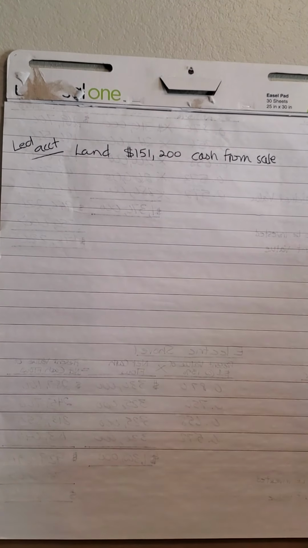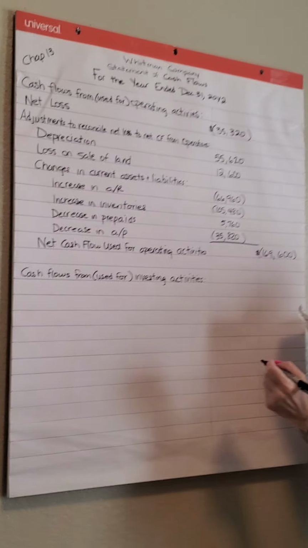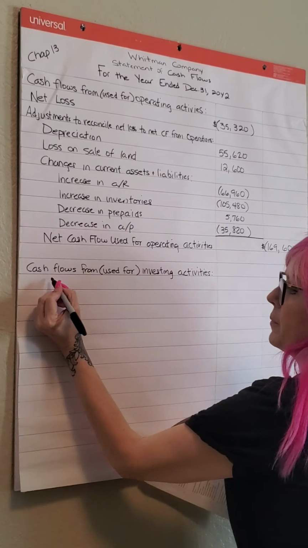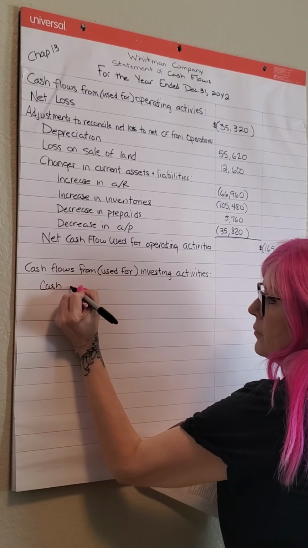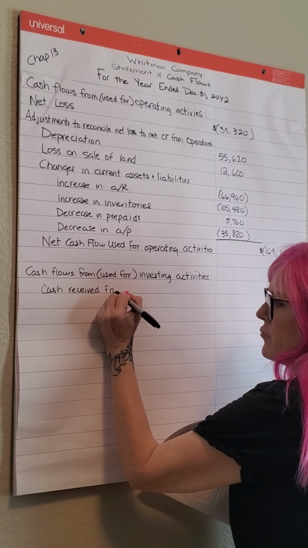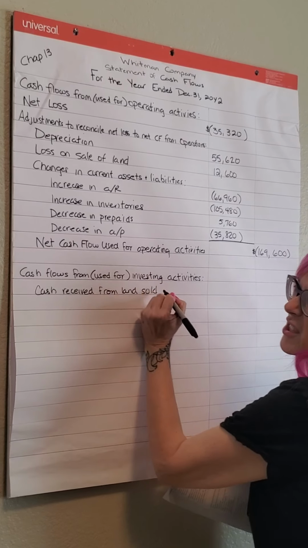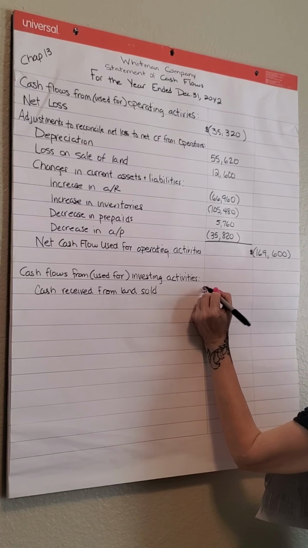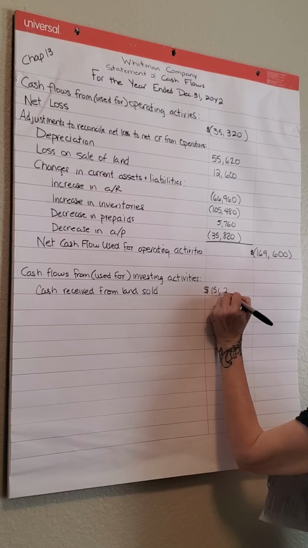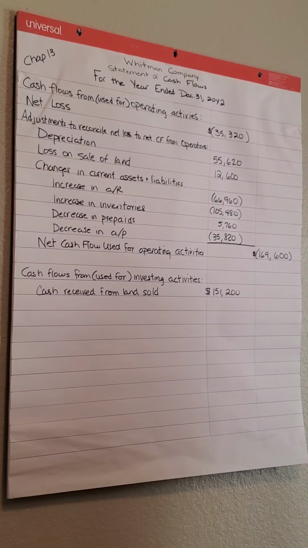That's cash that was supplied. So we're going to add that in here. We're going to put that cash received from land sold. That was cash that came into the company. So we're going to add that in, 151,200.